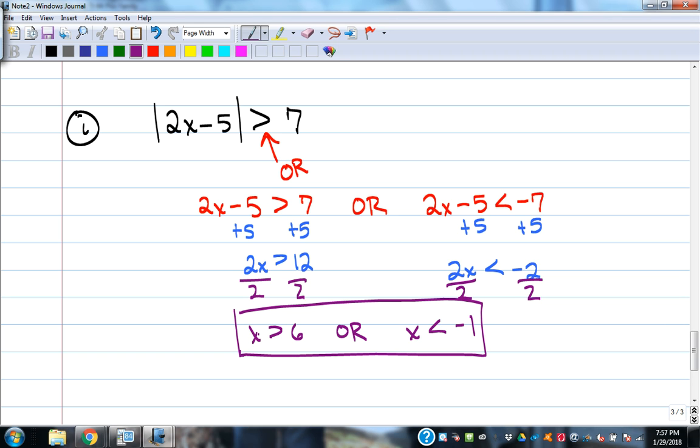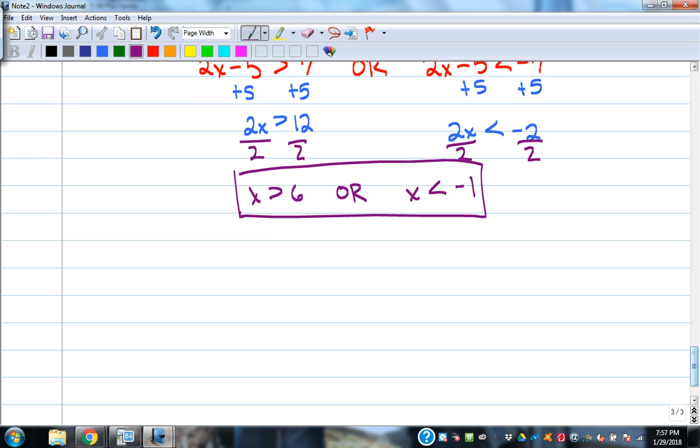But those together are our solution. We want to be able to graph that on a number line, not a coordinate plane, but on a number line. Okay, so got to review that kind of thing. So number line looks like that. I just got to make sure I've got enough room to get a 6 and a negative 1 on there.